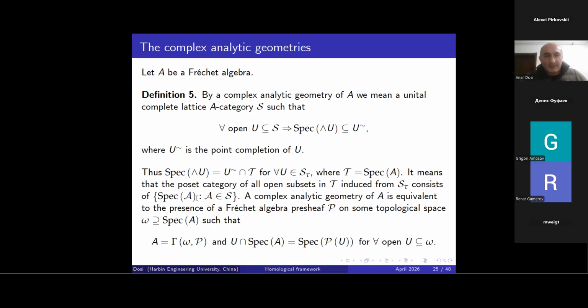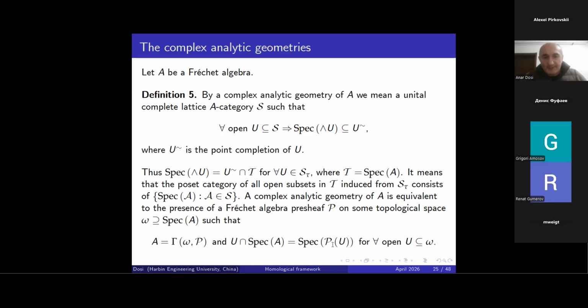Okay, so it means the poset category of all open subsets in S induced by S consists of this one. Well, using our previous proposition, this is actually equivalent, whatever I said here, to the presence of a Fréchet algebra presheaf on some topological space, little omega, which contains my spectrum of the base algebra, such that A will be the global sections.